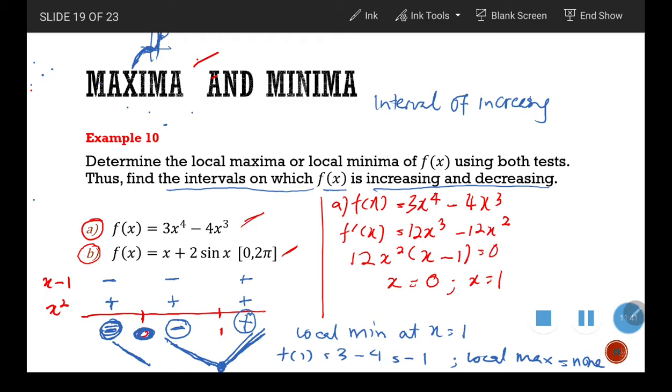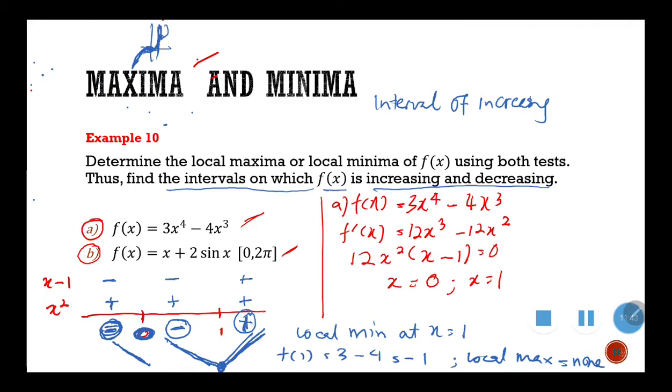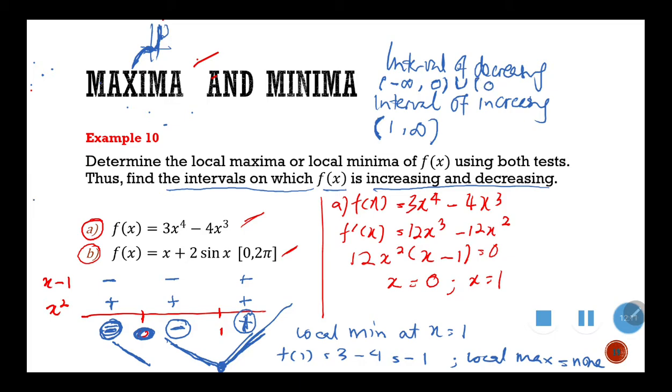So interval of increasing maknanya yang positif. So it's from, excluding, open bracket 1 to infinity. Interval of decreasing maknanya daripada negative infinity until 0, union exclusive of 0, so 0 buka balik up to 1.